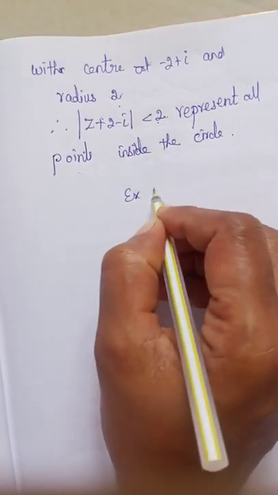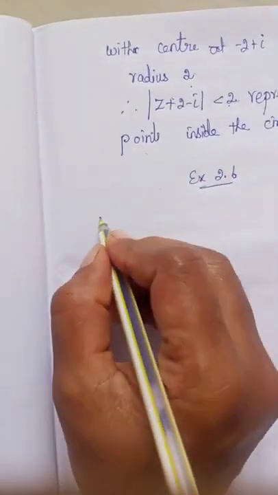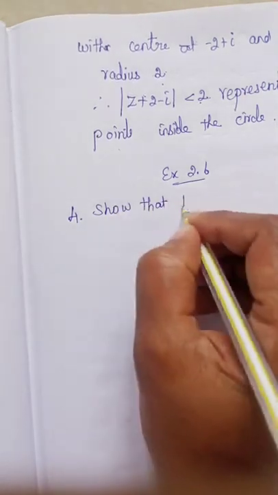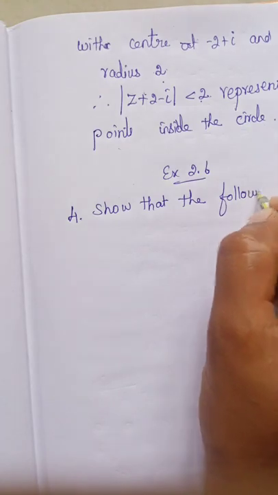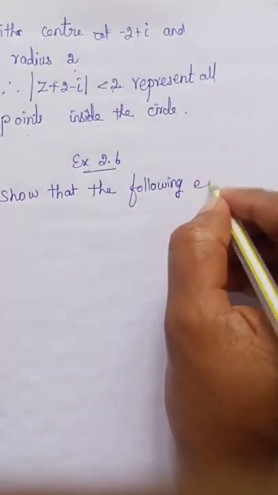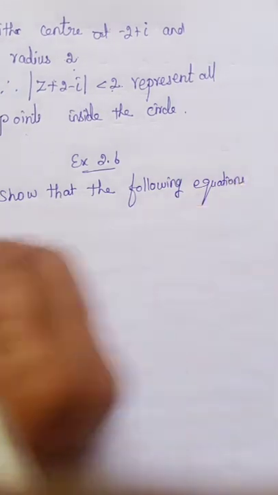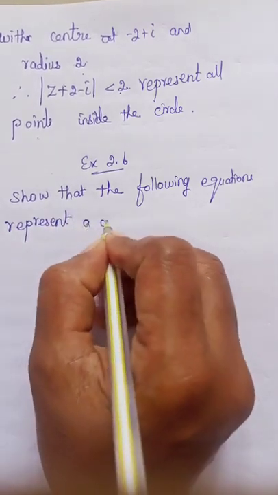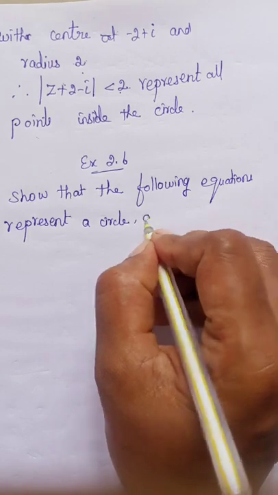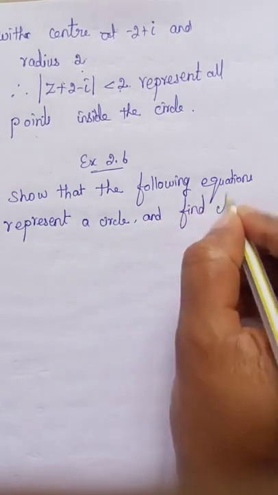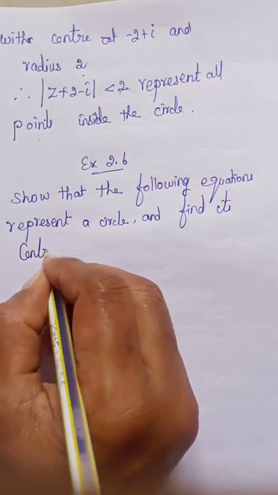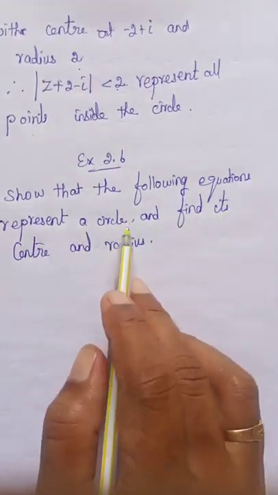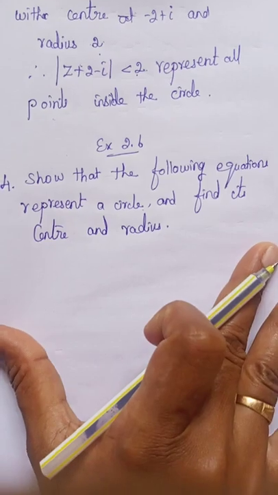Now exercise 2.6, problem number 4. See, show that the following equations represent a circle and find its center and radius.